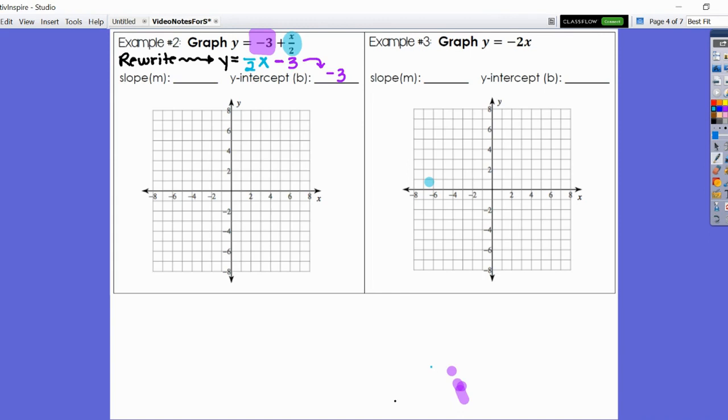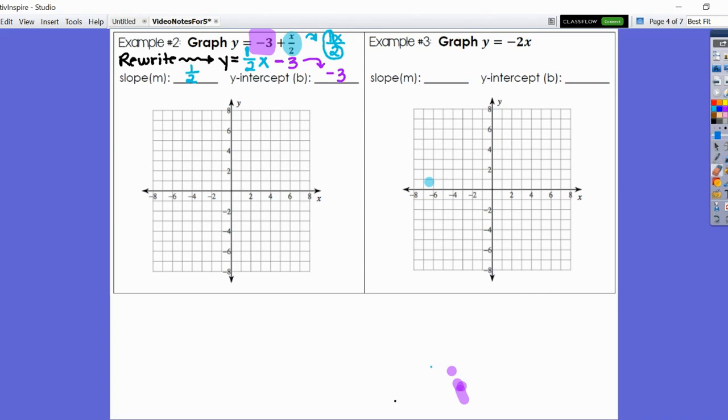Now, x over 2 is really 1x/2. So I want to take the coefficients, aka the numbers in front of x, as my slope. And I can kind of separate it a bit more to show you that the slope is 1/2.